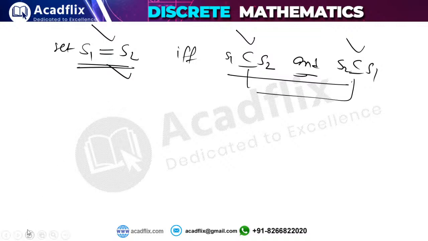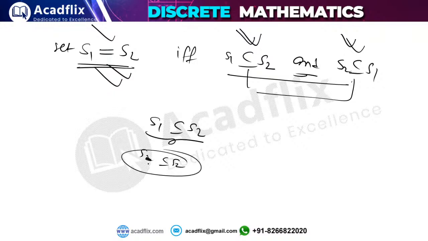Remember, if these two things happen, then this will happen. This is what I showed. I did not say that if S1 is a subset of S2, then S2 is a subset of S1. This is not what I said.